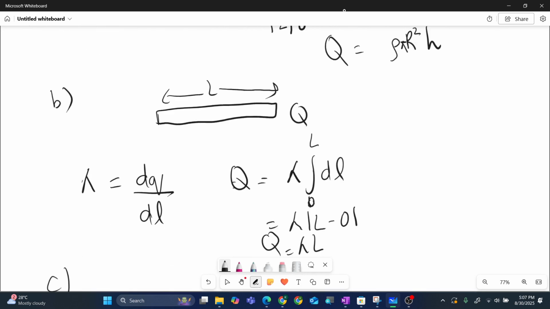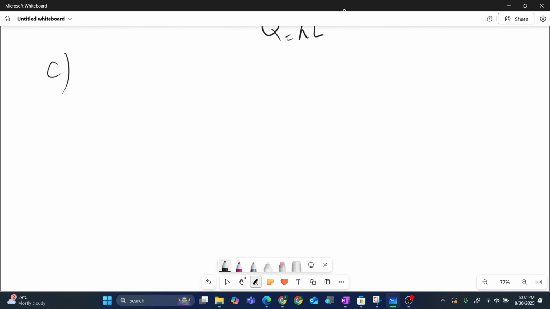Now a simplified approach is that I will calculate the total charge of the radius r2, and then I will subtract the charge of the radius r1, and in this way I will get my charge which is distributed between r1 and r2.